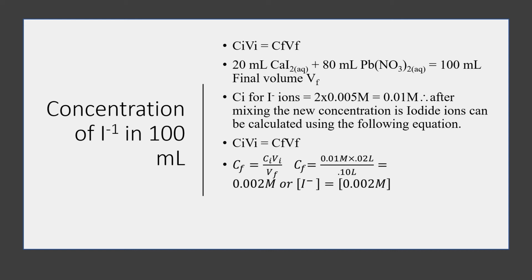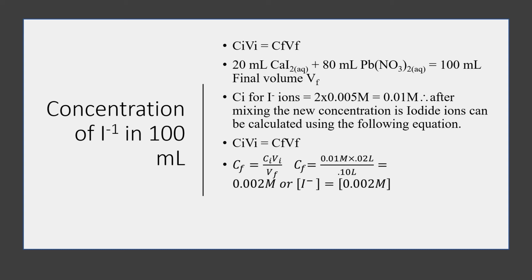Okay, so now we have the actual concentration of iodide ions when calcium iodide dissolves in water. So the initial concentration will be taken as 0.01. And the volume, we are going to change to liters. 20 milliliters is changed to liters.